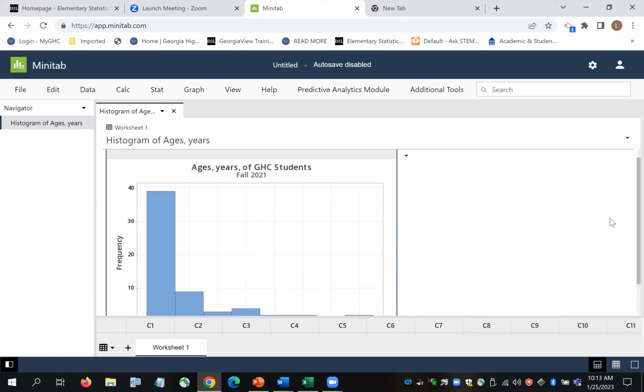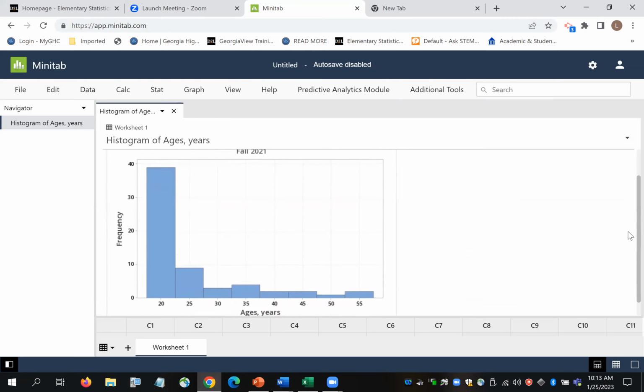And then we can think about it. We noted yesterday or on Monday that we thought the distribution was skewed to the right.